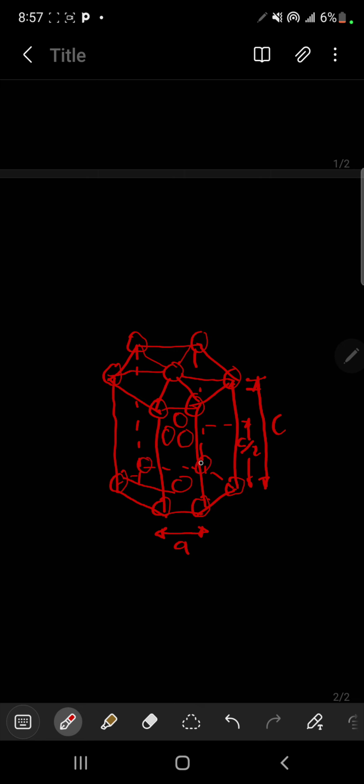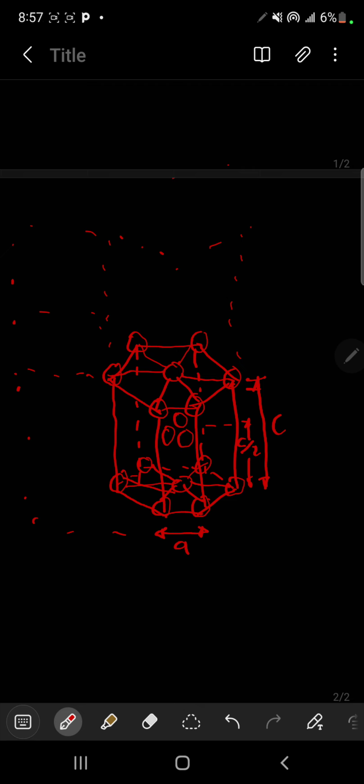So how do we determine the number of atoms that are contained in an HCP? We just need to know that this is just a small portion which has been obtained from an infinite number of structures of this nature. So you might as well assume that there is another crystal on top like that, another one this side, another one that side, and another one on top like that.